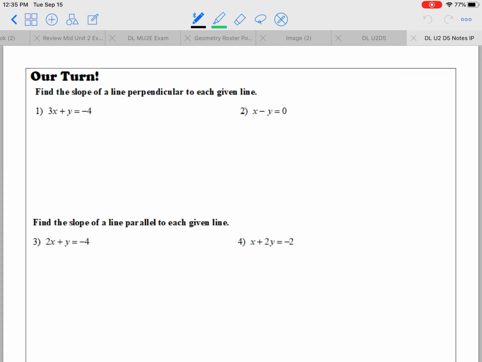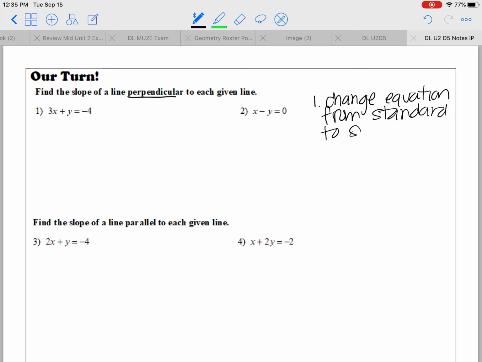It says find the slope of the line perpendicular to each given line. So if I'm looking for the slope of the line perpendicular to this one, the first step that I have to do here is change the equation from standard to slope intercept form.